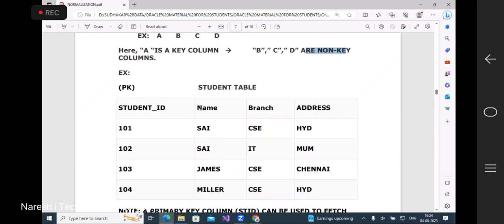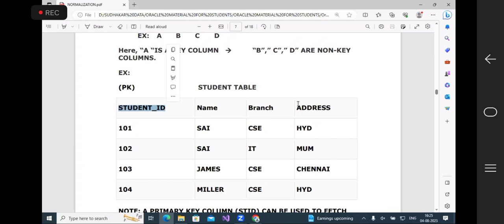Then these all columns are called fully dependency columns, because every student name, every branch name of student, address of the student, everything will be linked with the student ID. So that means your complete student details depend on student ID, I can fetch. So all details depend on or are linked with the student ID.